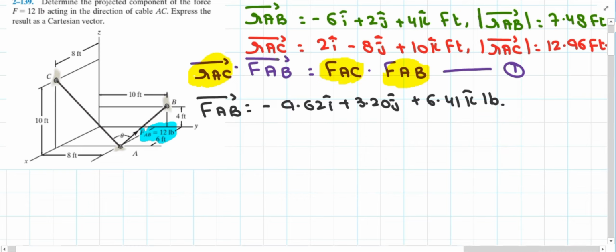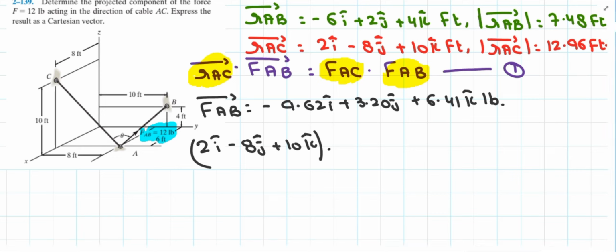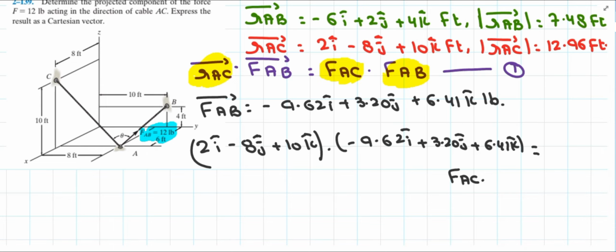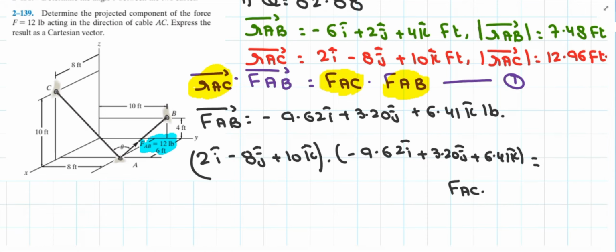We know the position vector of AC, so it could be written as RAC, that is 2i cap minus 8j plus 10k, dot the vectorial form of force AB, which is negative 9.62 i cap plus 3.20 j cap plus 6.41 k cap, which is equal to FAC, which we are going to find out, times FAB, which is mentioned in the question as well as the diagram, and it is equal to 12.